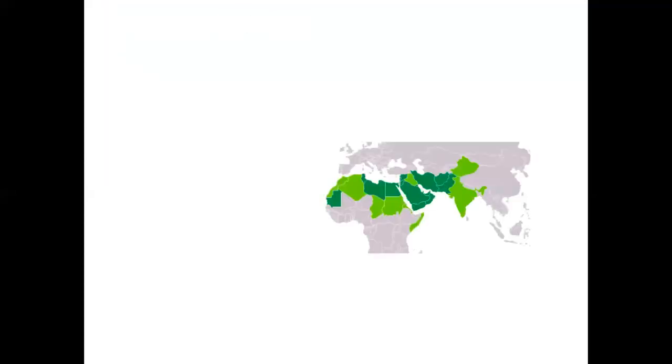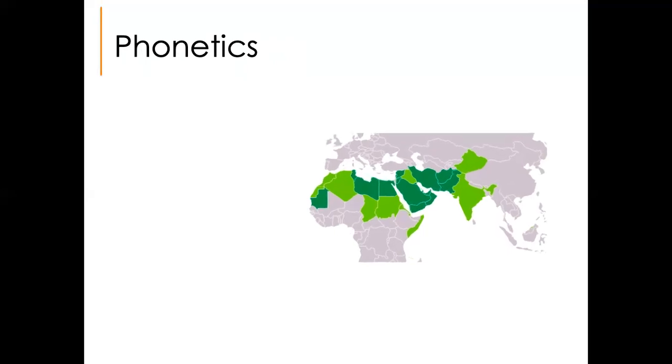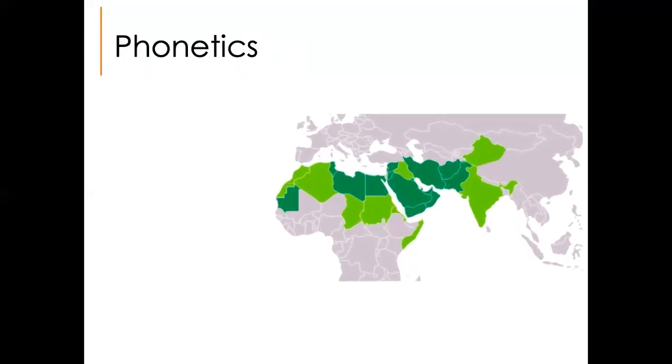And the first thing we will talk about is phonetics. And this is basically the basic unit of sound. So I'm going to try to use Arabic as our example in this presentation.